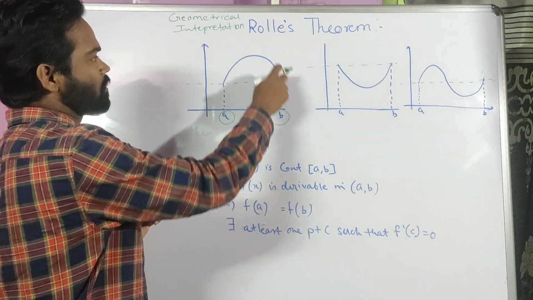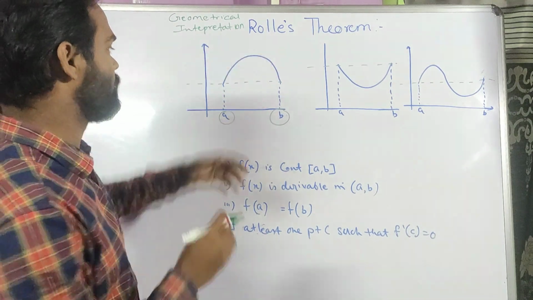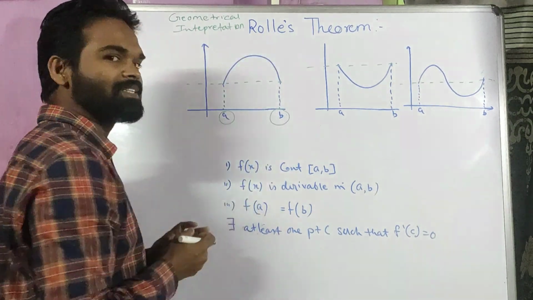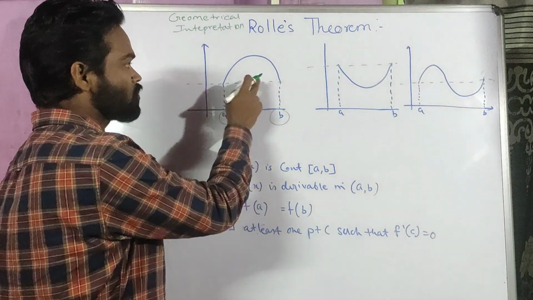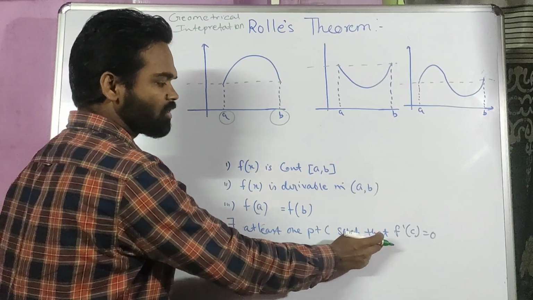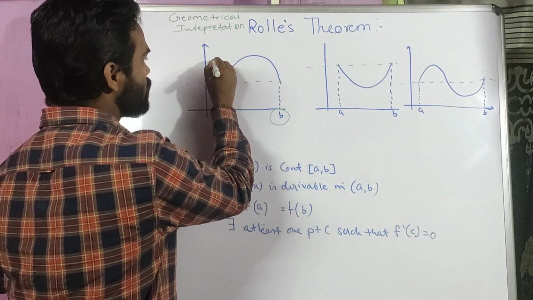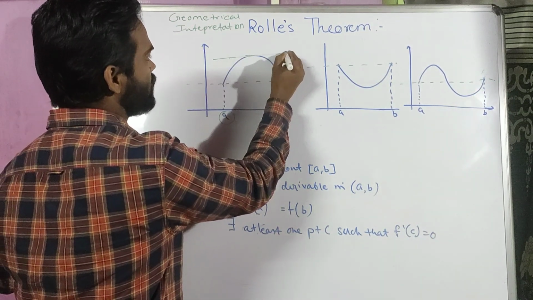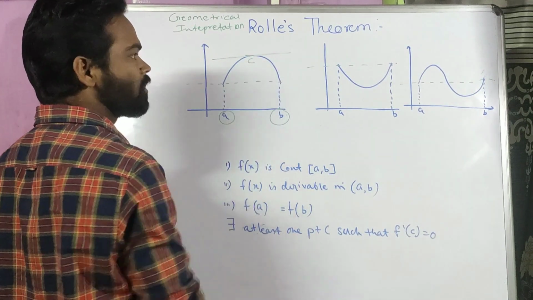The curve is continuous, it is derivable, at any point between a and b you will get a tangent. Okay, then since f(a) equals f(b), there exists at least one point c such that f'(c) equals 0, which means at least there will be one point c where the tangent, if you draw it, will be parallel to the x-axis.